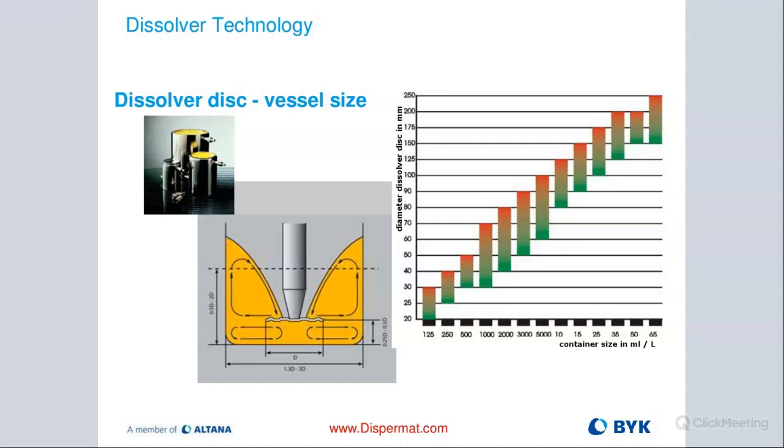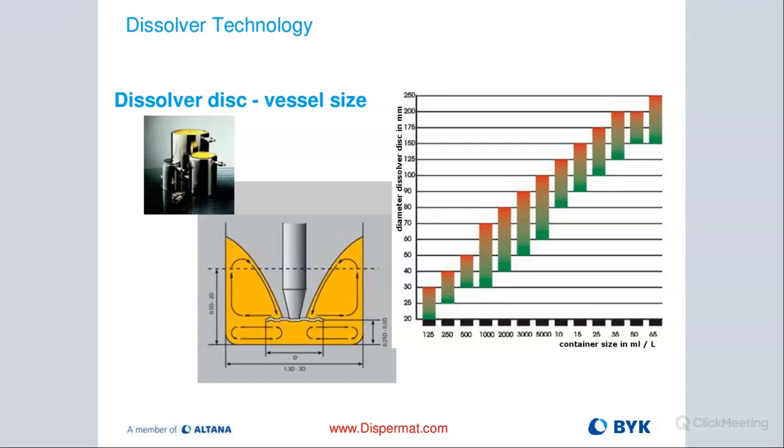And if you look at that chart, let's just say I'm taking a 1 liter, 1000 milliliter vessel, right? You can see there, we can go from a 30 millimeter diameter blade all the way up to a 70. So what you want to do here is look at the viscosity of your material.